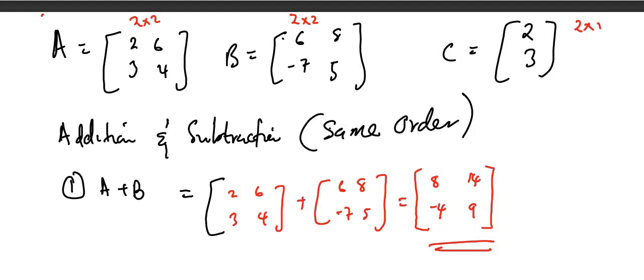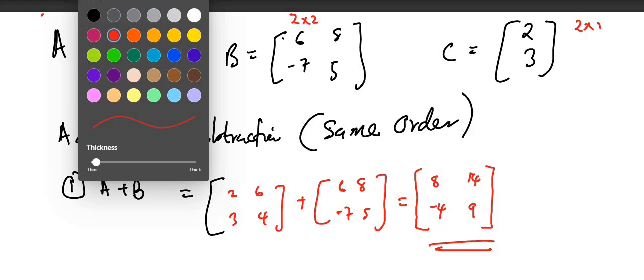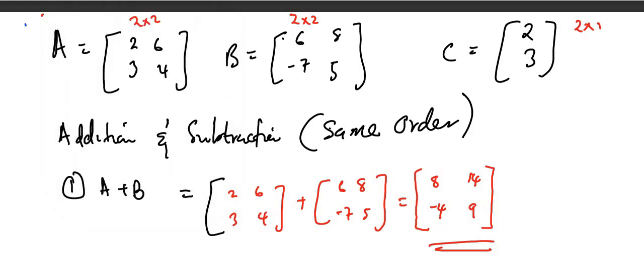Even subtraction will do the same. We subtract depending on the positions. If we're doing B minus A, we put B first, which is 6, -7, 8, and 5, minus 2, 6, 3, and 4.